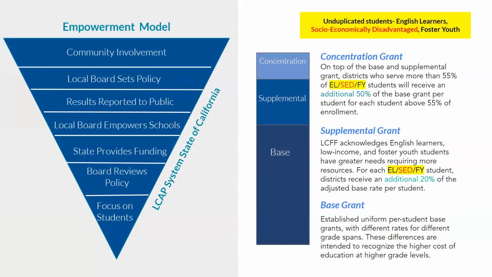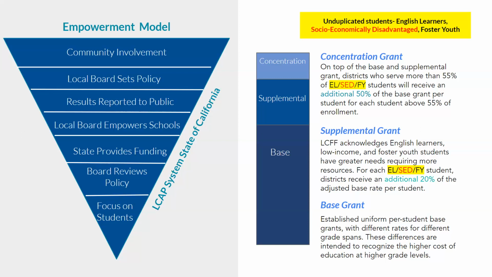On the right side of the screen, you can see where funds come from when we're discussing the LCAP. So LEAs have a base grant, which is an established uniform per student base grant with different rates for different grade spans. These differences are intended to recognize the higher cost of education at higher grade levels.